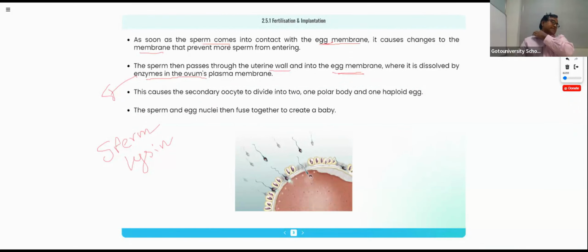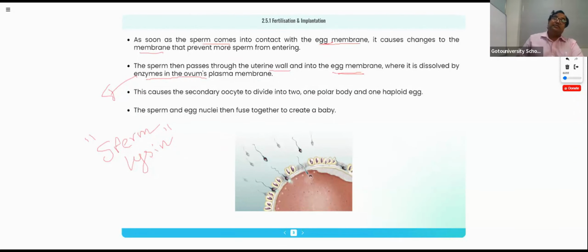The acrosome is not existing in the sperm every time. We know very well the Golgi complex is the structure of the sperm responsible for the formation of the acrosome. The acrosome releases the sperm lysin. This sperm lysin digests the egg membrane, and then the sperm will penetrate into the egg, right?